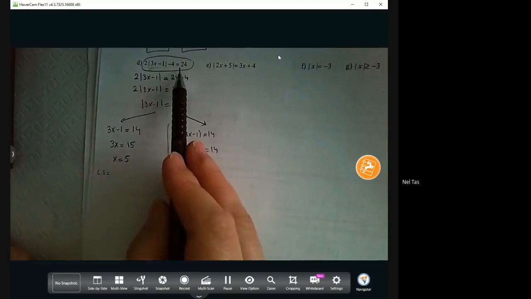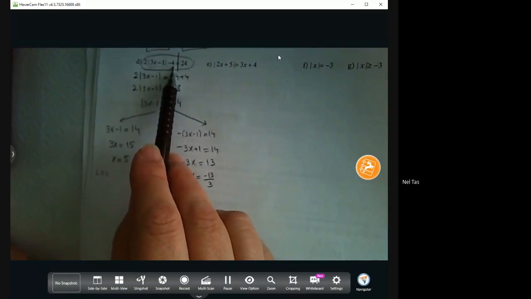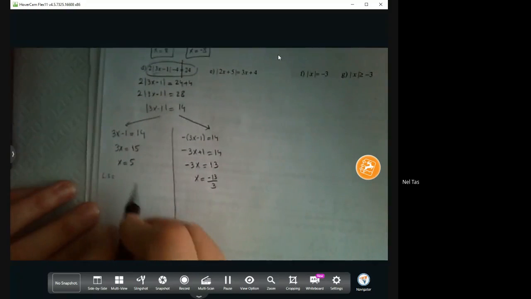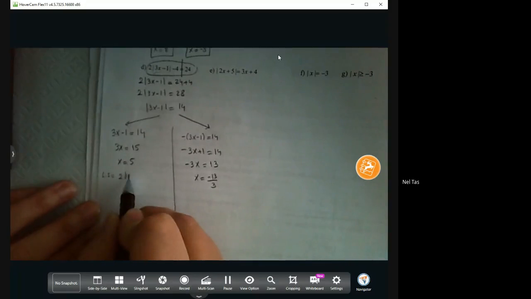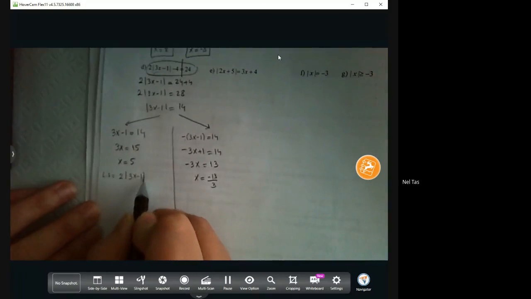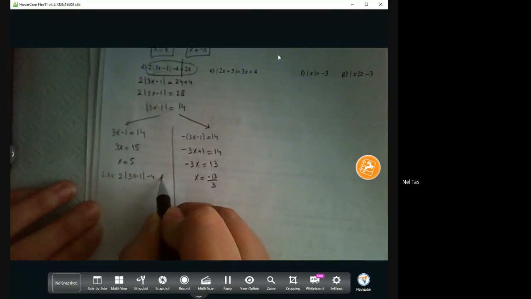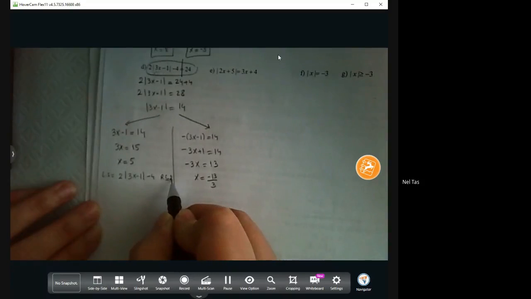You have to use the original equation when checking, and using the equal sign, divide it into left side and right side. So on the left side we have 2 times the absolute value of 3x minus 1, minus 4. And the right side is 24.